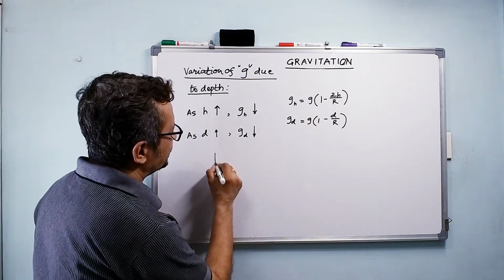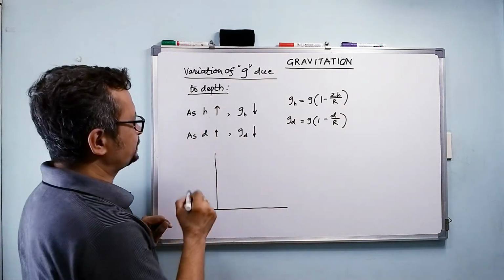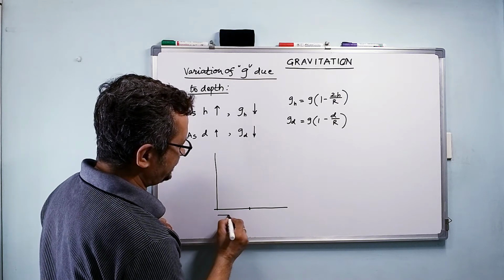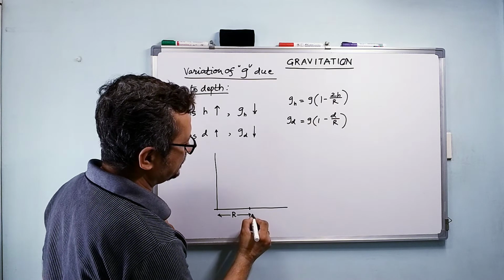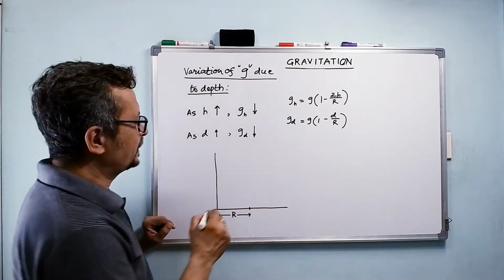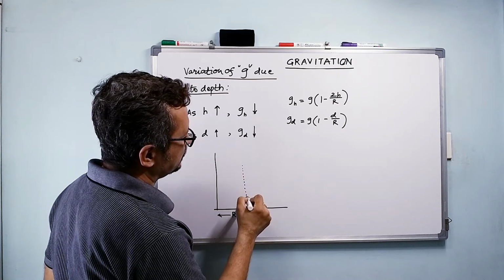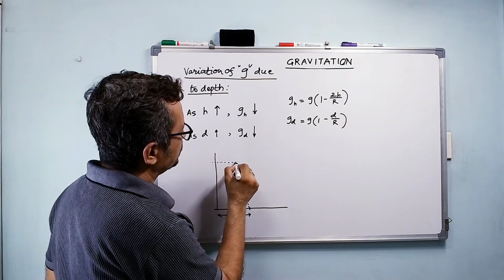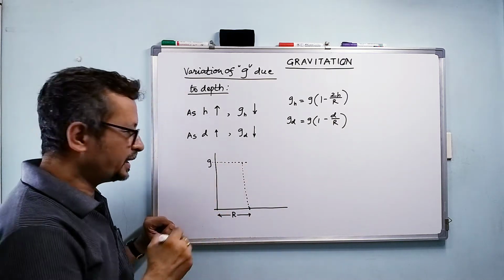Now here, I am on Earth's surface, and my acceleration due to gravity will be equal to this value, that is g, correct?